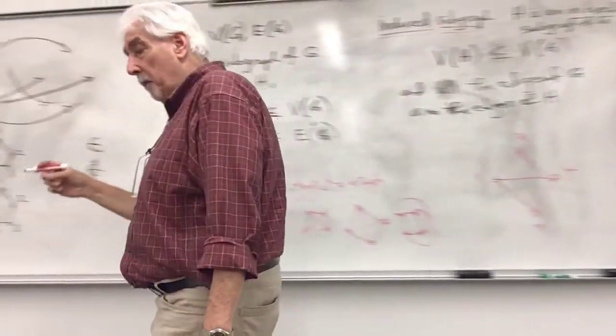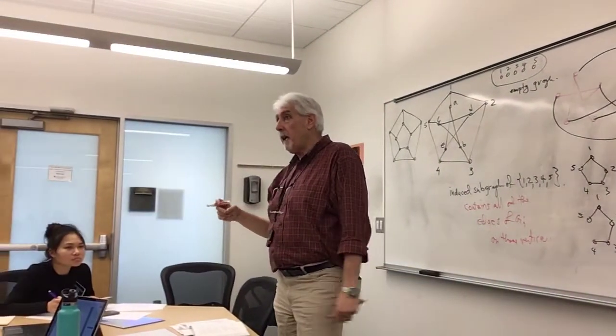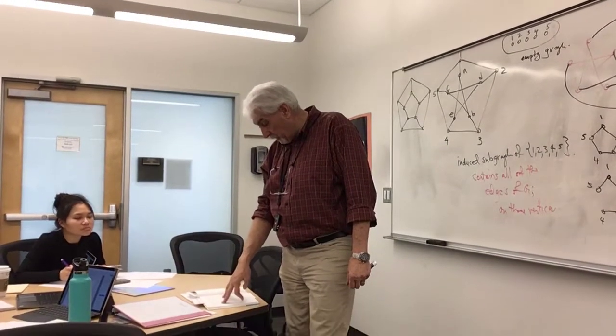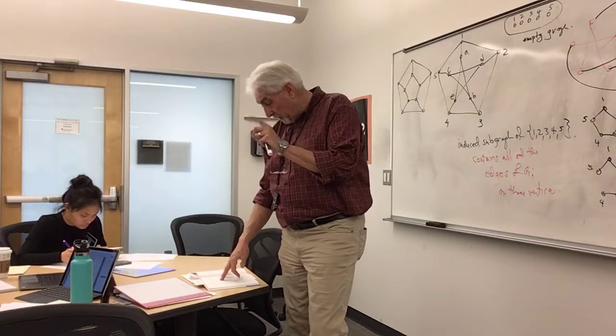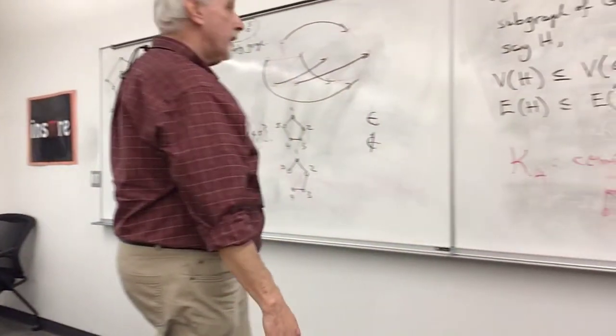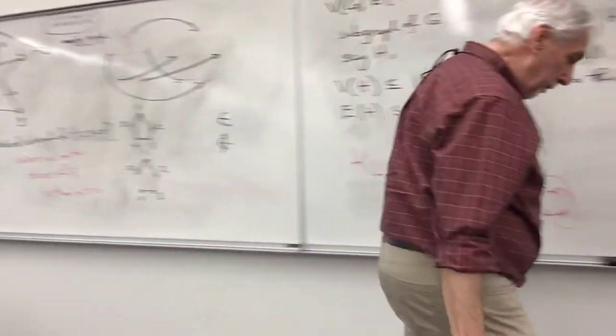A proper subgraph has the same set of vertices, but not all the edges. They're all proper subgraphs, as long as it's a subgraph.